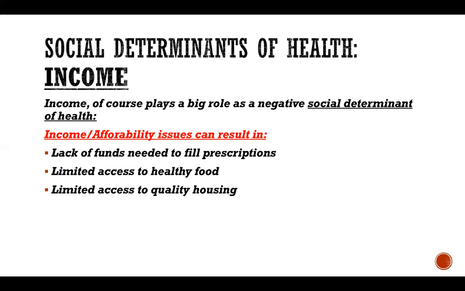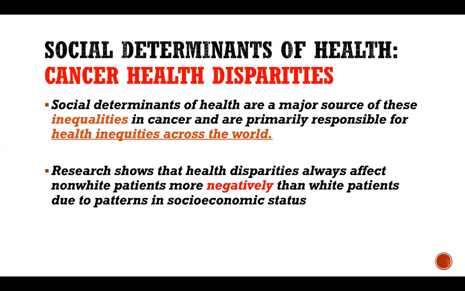It also means limited access to healthy food, which can result in obesity and heart disease. And it means limited access to quality housing. Quality housing is essential to a healthy lifestyle, because without it you're going to be exposed to a lot of toxins in the air, and mold that can get in your lungs and cause a lot of damage. So income plays a big role.